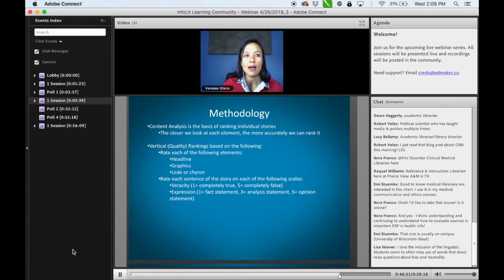So you can have something expressed as a complete fact statement or a complete opinion statement. So 1 would be fact, 2 would be fact with some color and analysis, 3 would be a well-supported conclusion with analysis, 4 would be opinion analysis, and 5 would be an opinion statement.